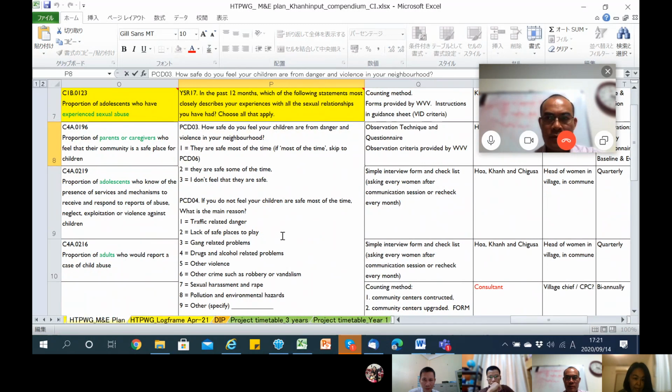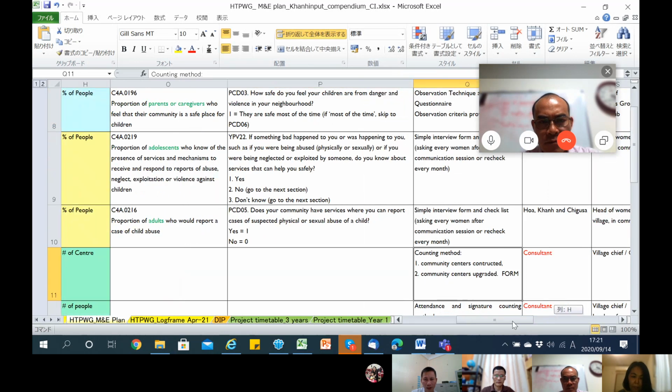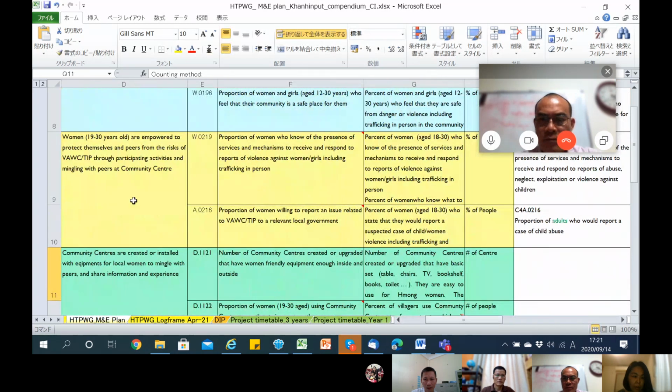Number one, traffic-related danger; two, lack of safe places to play; gang-related problems; drugs and alcohol; other violence; other crime such as robbery or vandalism; 7, sexual harassment and rape; 8, pollution and environmental hazards; 9, others, specify.